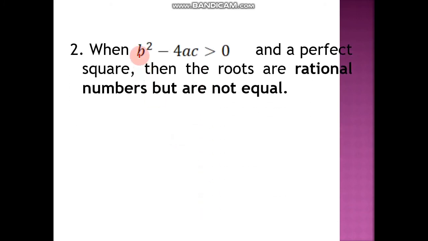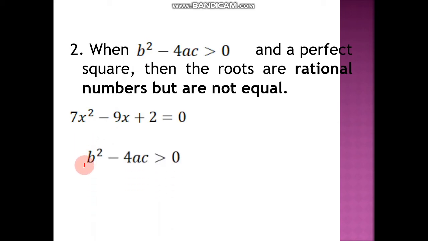When b squared minus 4ac is greater than 0 and a perfect square, then the roots are rational numbers but are not equal. Example, let's find the discriminant and the nature of the roots. 7x squared minus 9x plus 2 equals 0. And this given example is in standard form.